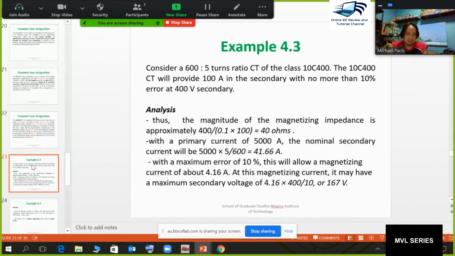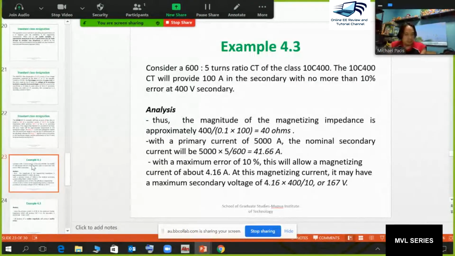For example, you consider a 600 by 5 turns CT ratio. The class is 10C400. The 10C400 CT will provide 100 amperes at the secondary with no more than 10% error at the secondary side.